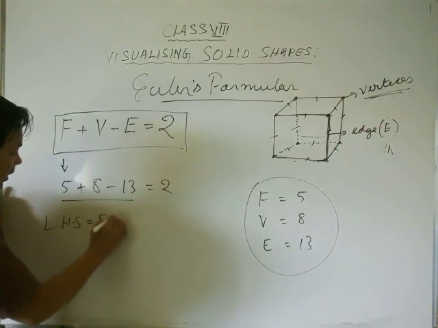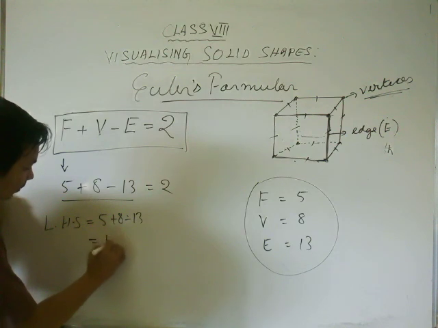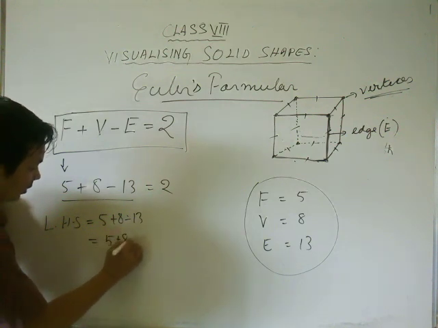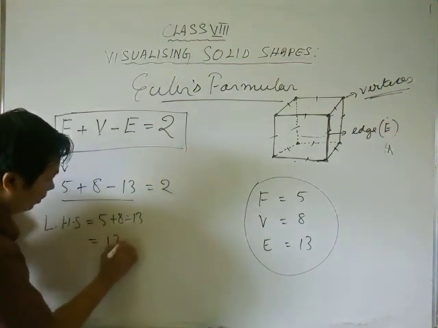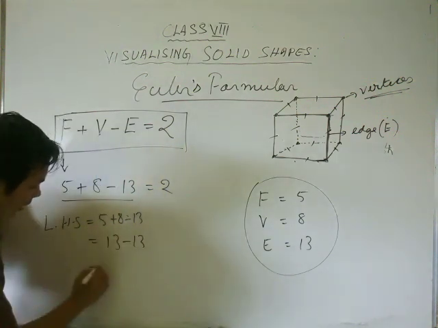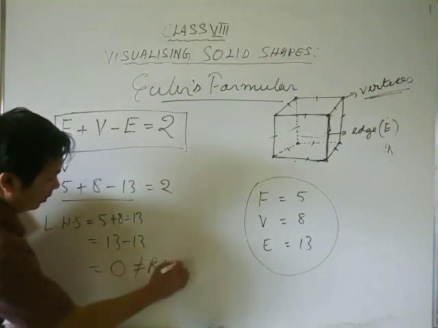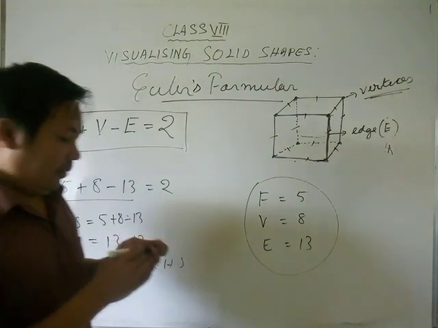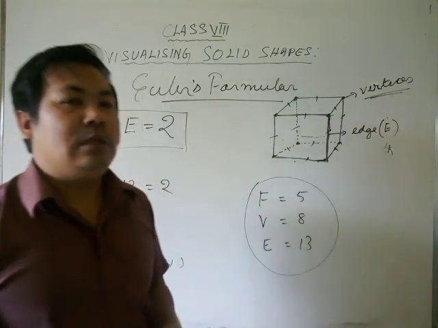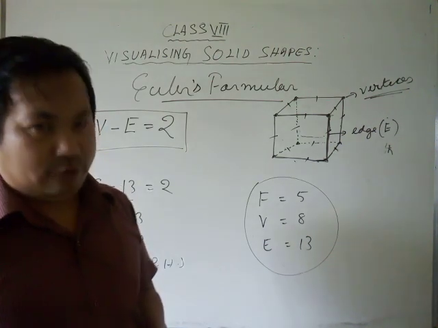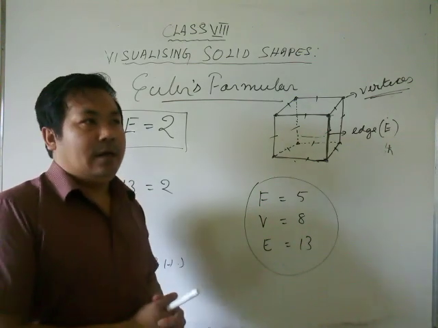It is 5 plus 8 minus 13. 5 plus 8 is 13, minus 13, that means 0. But it is not equal to the right hand side. Then the given information about the faces, vertices, and edges is not possible for any polyhedron. Like this, we are going to give the answer to the coming up exercise.